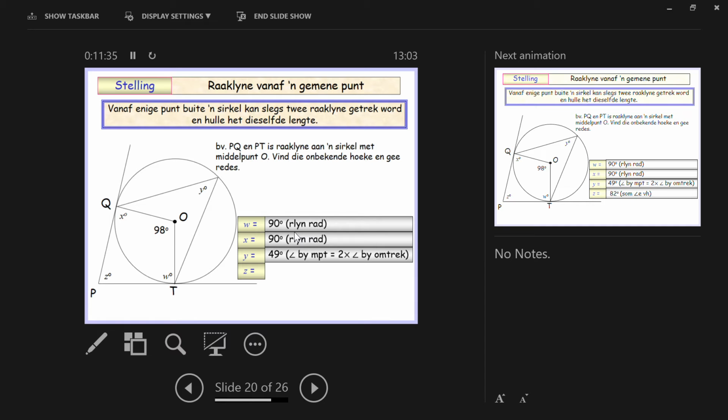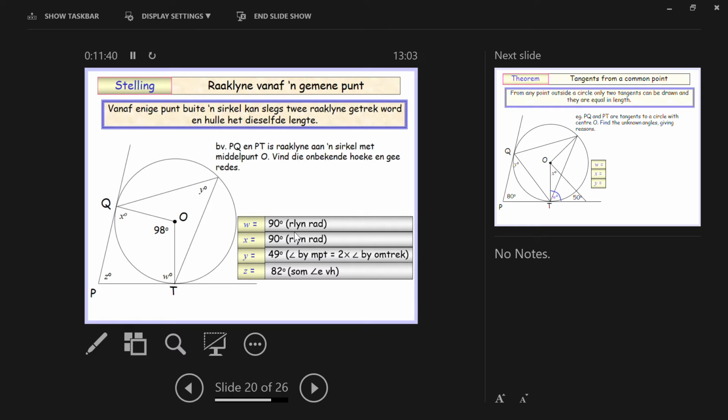Now let's quickly get Z. Z will be 82, because if you look at this quadrilateral, T, P, Q, O, that one. It's a quadrilateral. And what do we know about any type of quadrilateral? The interior angles add up to 360.